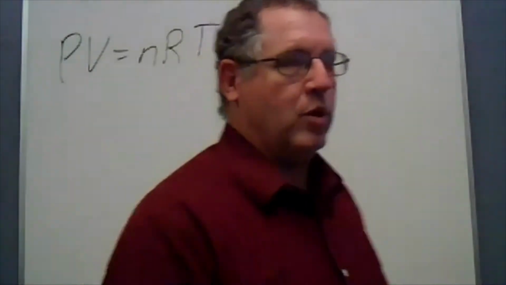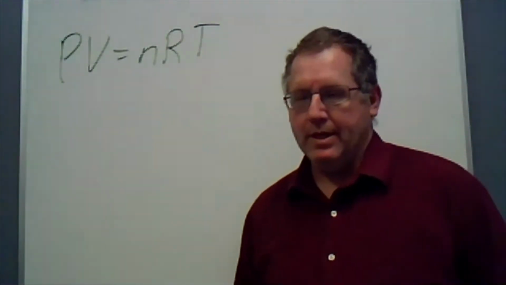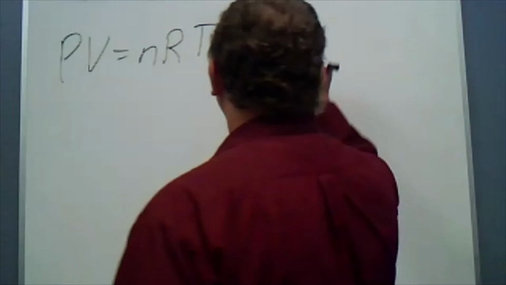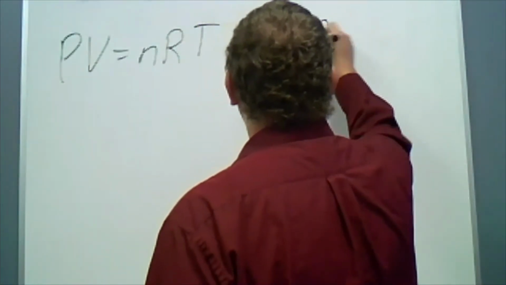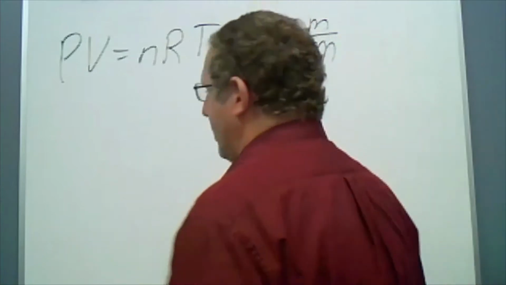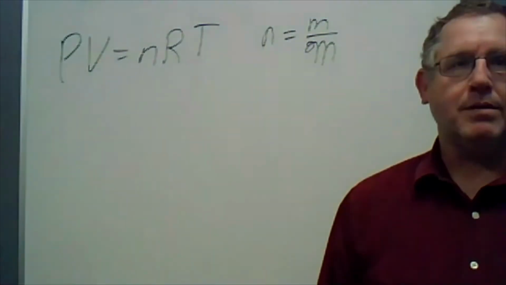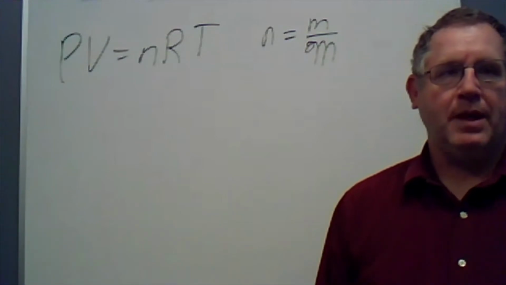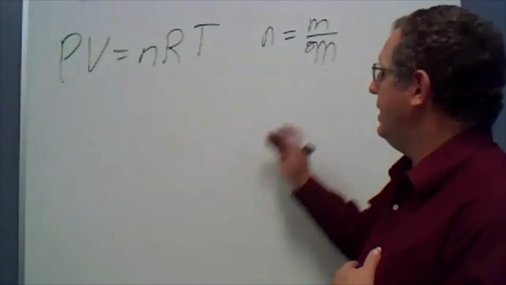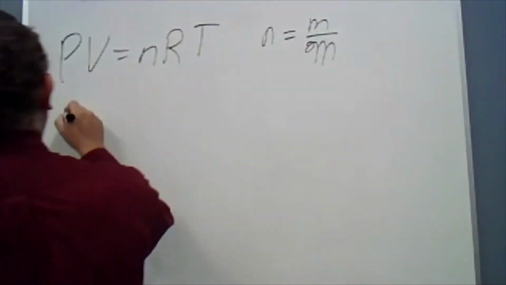Our ideal gas equation does not have molar mass in it, okay? So we need to use our simple substitution. Remember that moles can be calculated by finding the mass over the molar mass. Remember, I use the capital cursive M for molar mass. And as we do this, we can do a simple substitution.